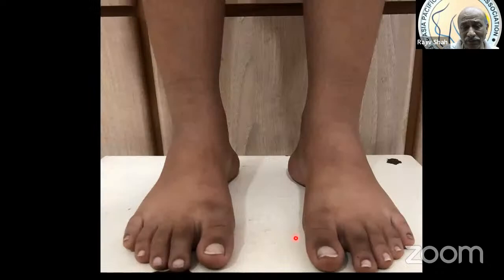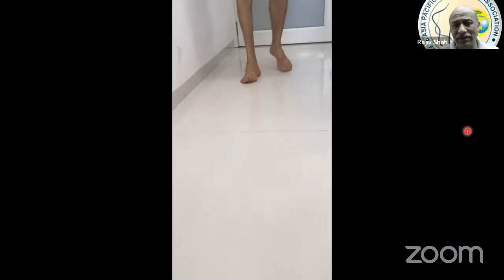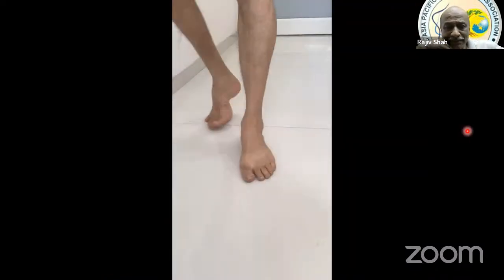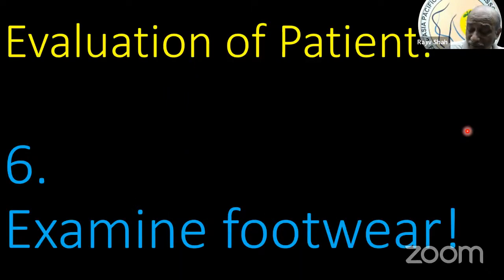Now you feel okay, everything is fine. There is some cavus and some varus. But the way this guy walks, he walks on the lateral border of the foot, and this patient would need a stronger procedure for correction of the cavus. So make them walk, and this may not be the case where you will go for orthotics, but you might have to go directly to a surgical procedure.